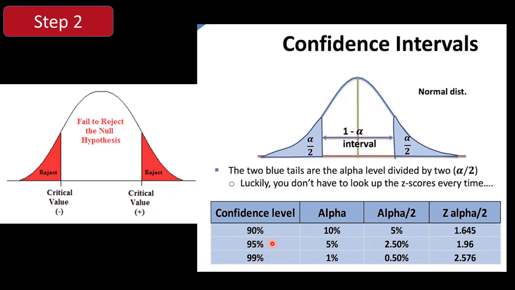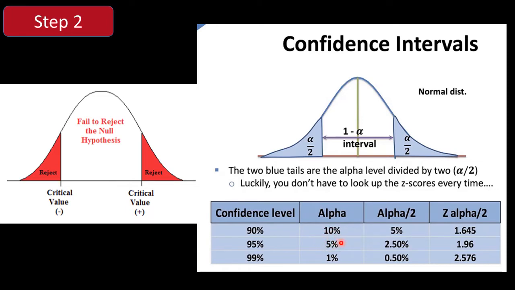Then what does a 95% confidence level mean? There is a 95% probability to accept the null hypothesis, that means fail to reject the null hypothesis. There is a 95% chance to accept the null hypothesis in this area. Then the probability in the rejection area is 5%.